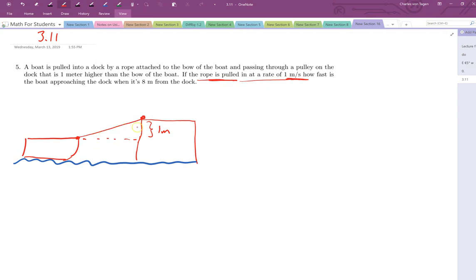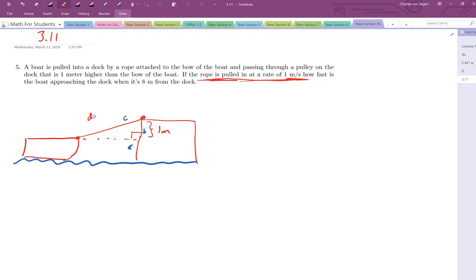So notice that we formed a nice little right triangle here. If we wanted to, we could label the sides a, b, and we'll call that c, I guess. When I'm telling you that the rope is being pulled in at a rate of 1 meter per second, that's a statement about how c is changing.